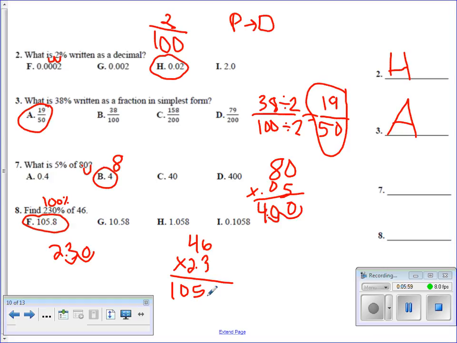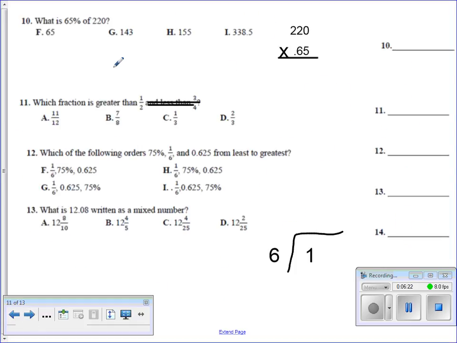You should know how to multiply. You should have the digits 1058, and I have one place value behind the decimal, so my decimal goes one place value to the left. So for number 7 you have choice B, and number 8 you should have choice F. Okay. All right, moving on.